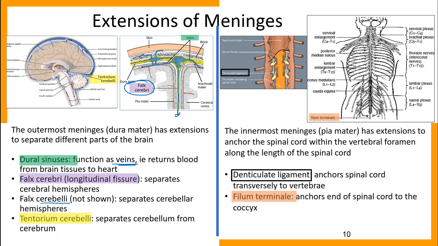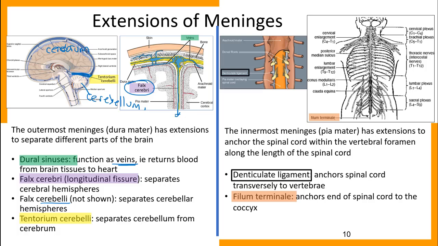And you've also got another extension of the dura mater in between the cerebrum over here and the cerebellum over here. So it separates out the cerebrum from the cerebellum, and this is called the tentorium cerebelli. Right? So each of these dura mater extensions into the brain basically separates out the brain into its various large components.